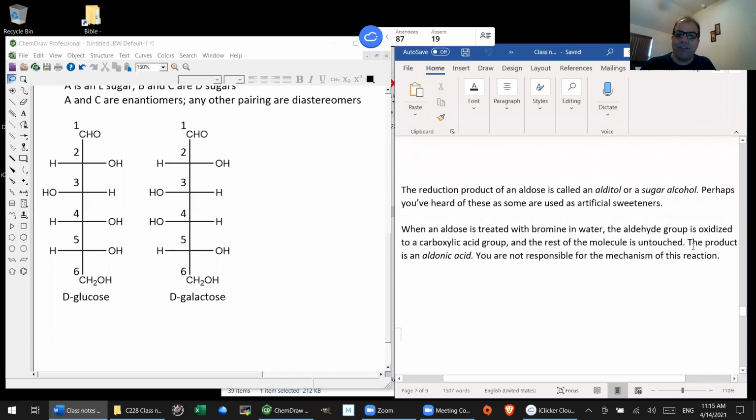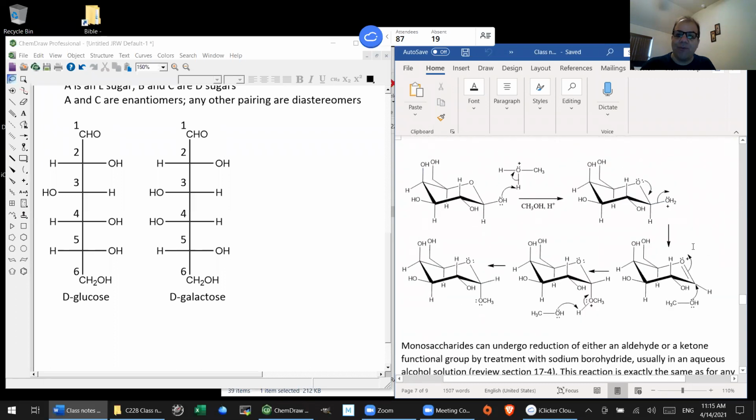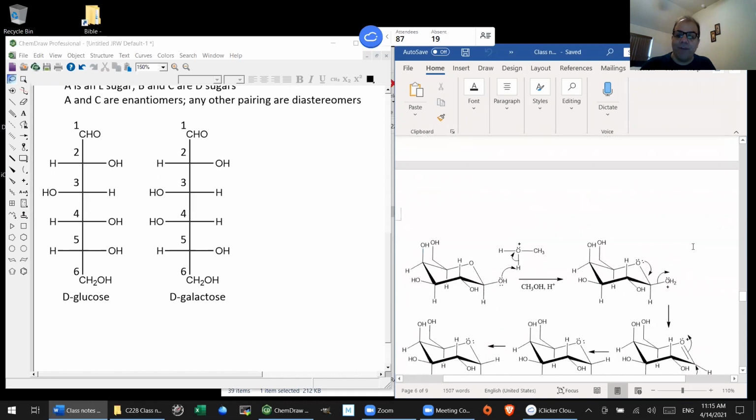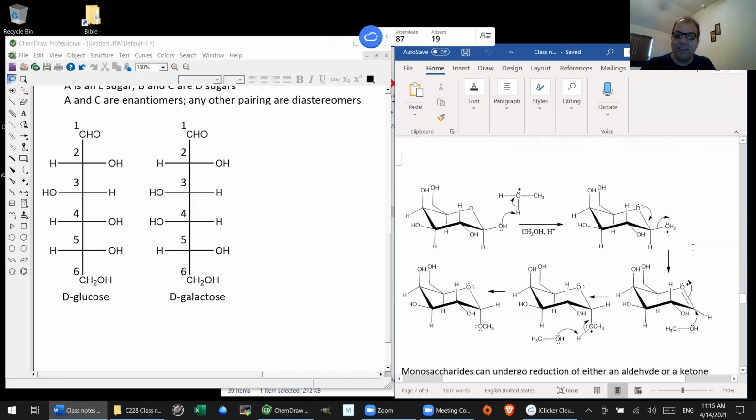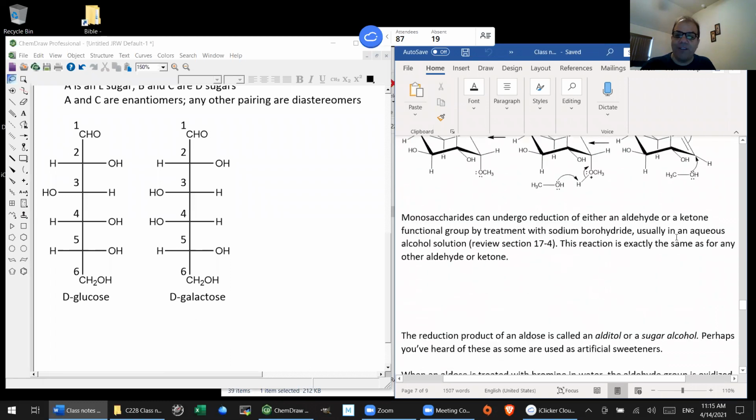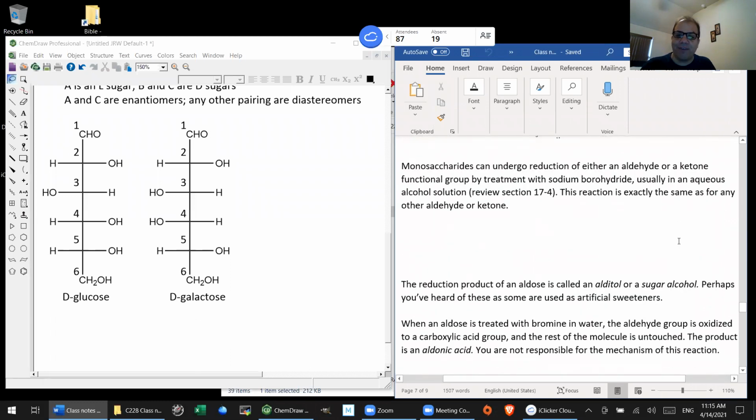I would like also to go over formation of simple glycosides like methyl and ethyl glycosides. I have that mechanism here in your class notes.